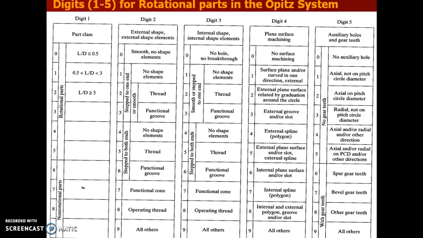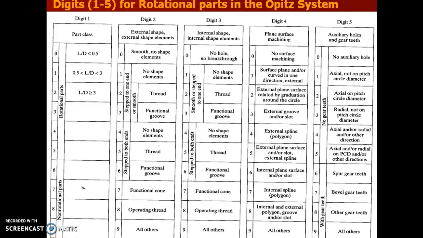If you go into detail about the rotational parts in the OPITZ system, you can see that if my component is a rotational part with an L by D ratio less than or equal to 0.5, then my first digit is going to be 0. Then if this particular part is a step part with thread, my digit 2 is going to be 2.